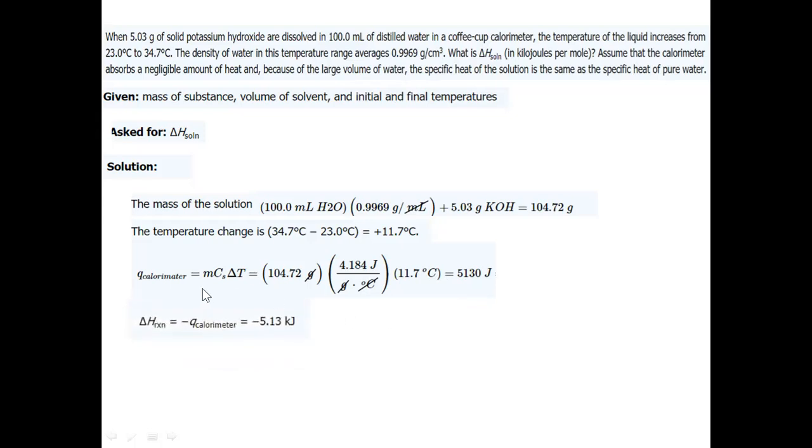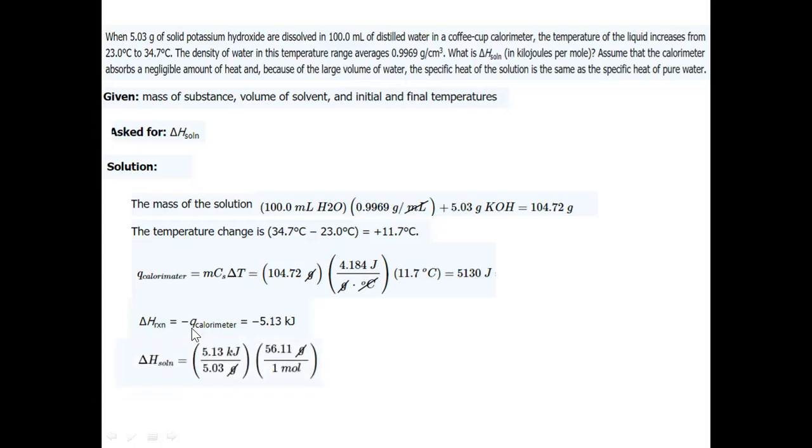For the heat of reaction, since this is an exothermic reaction, we use the negative of Q calorimeter, or loss of heat. So delta H reaction is equal to negative Q calorimeter, which is equal to negative 5.13 kilojoules, or 5,130 joules.